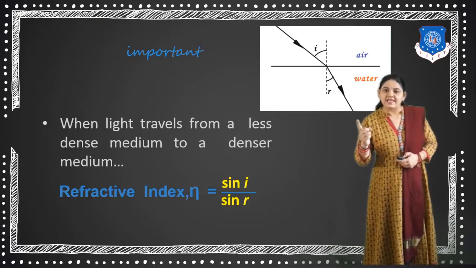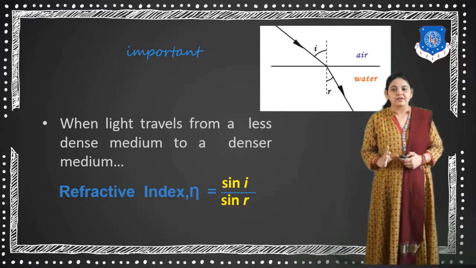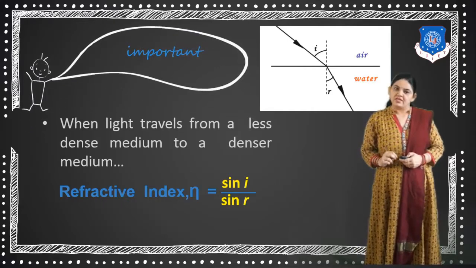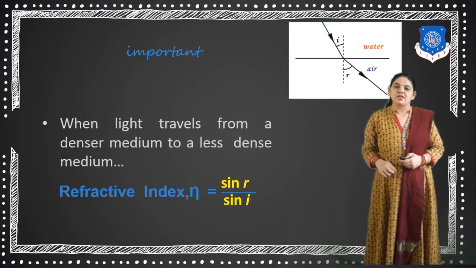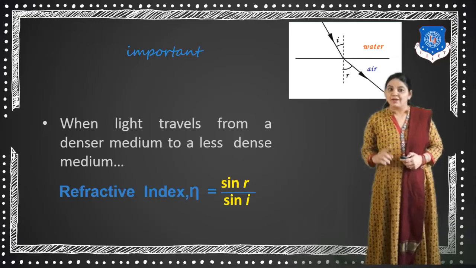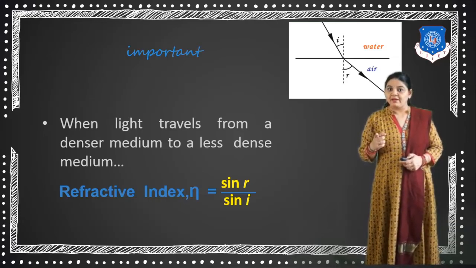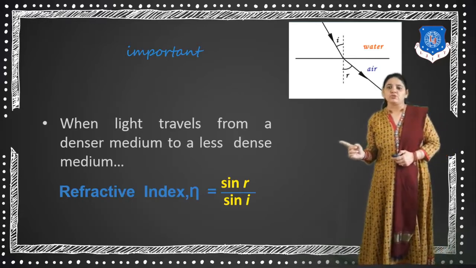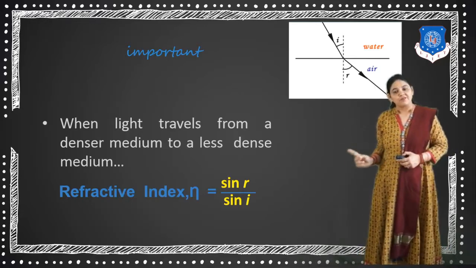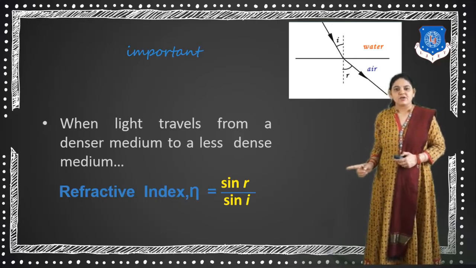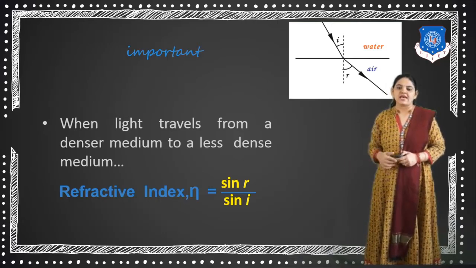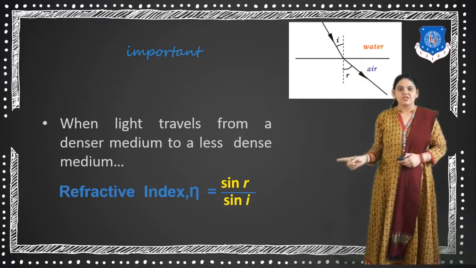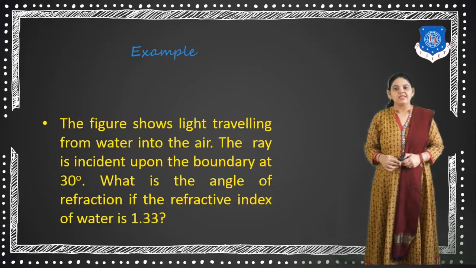So from a less dense medium to a higher density medium, meaning from air to water, the equation is eta is equal to sine i upon sine r. But the reverse happens when light travels from a denser medium to a less dense medium: the refractive index eta is equal to sine r upon sine i. So water to air, the equation is sine r upon sine i.